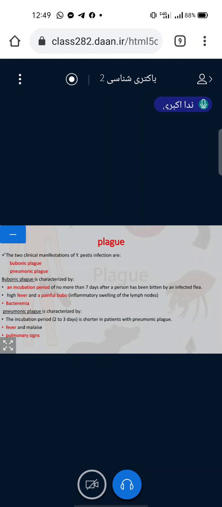But in pneumonic plague, the incubation period is shorter, just 2 or 3 days, and fever, malaise, and pulmonary signs are seen within 1 day, and the mortality rate in untreated patients is very high, 90%.